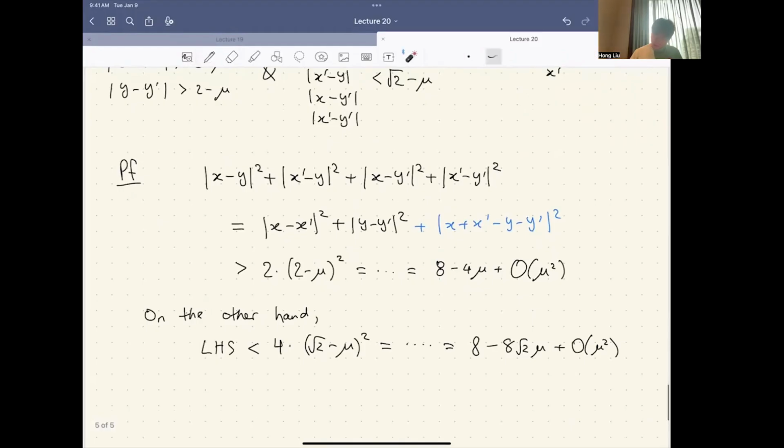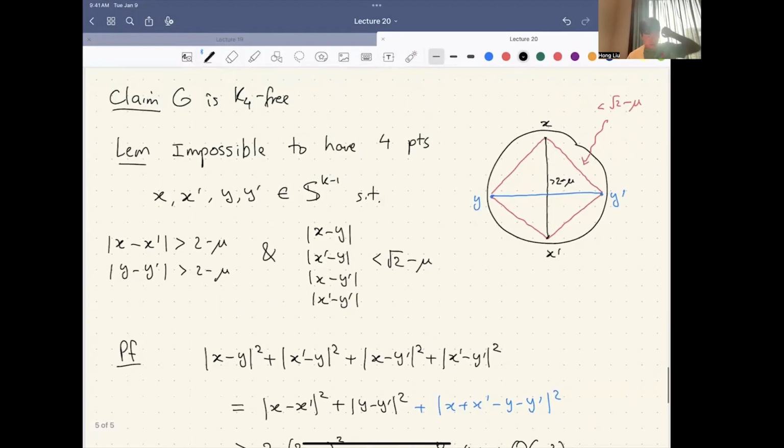So this is a lower order term. Let's not worry about it. The leading term 8 is the same. Let's look at the first lower order term. We subtract more here. So the upper bound is smaller than the lower bound, a contradiction. So this proves that there's no K4. Any question?